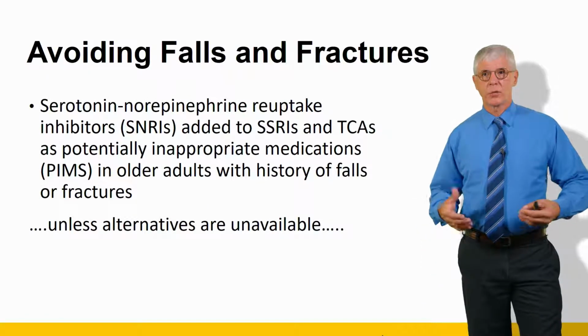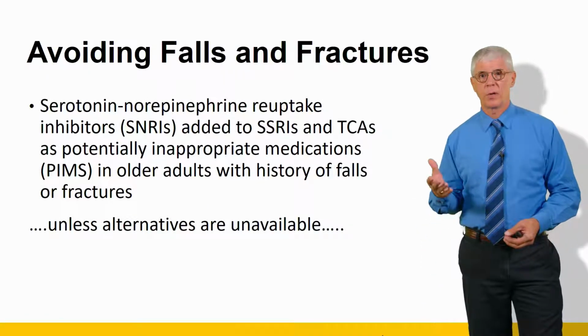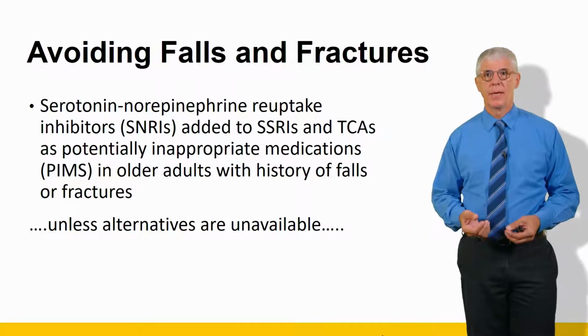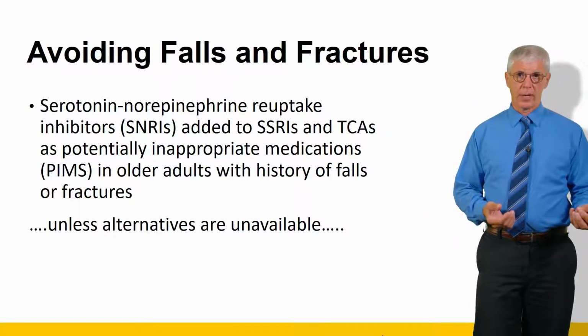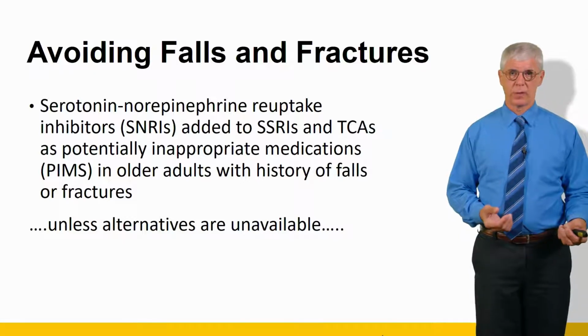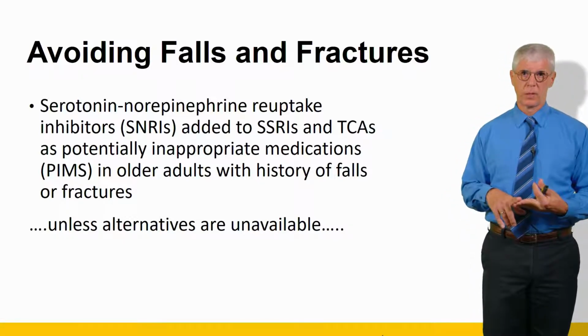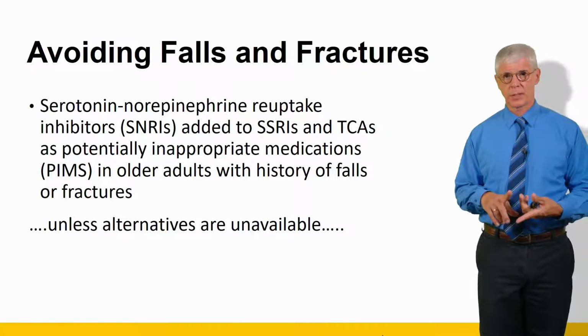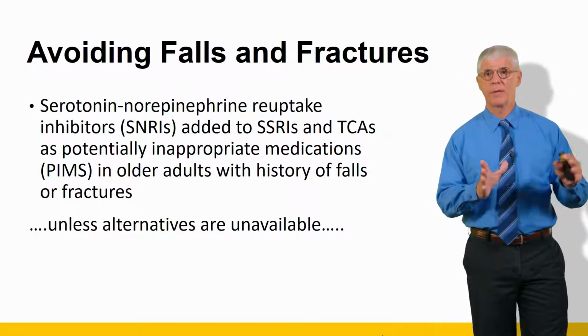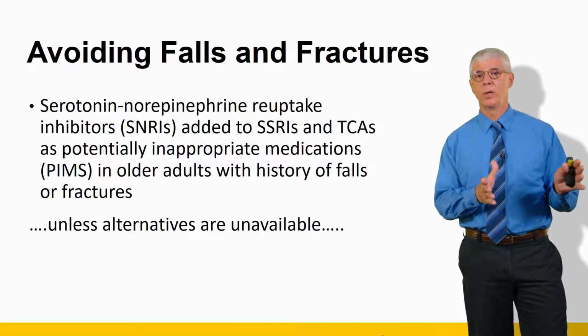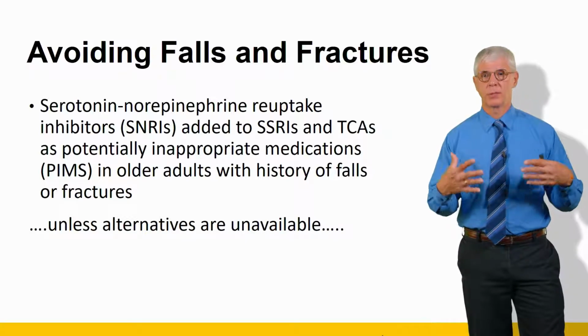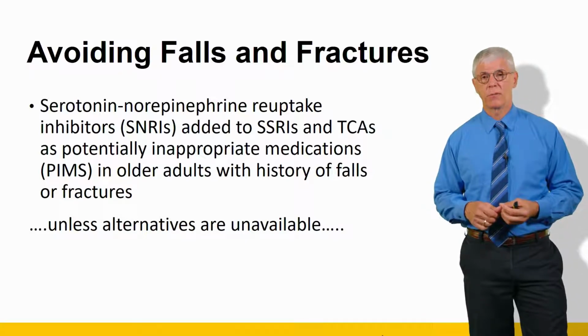So we're all very interested in anything we can do to prevent falls and fractures in older adults. The SSRIs and the tricyclic antidepressants, things like Celexa, Zoloft, and then the older tricyclics, things like nortriptyline and amitriptyline, have been on the Beers criteria for a number of years now as potentially causing falls and fractures.